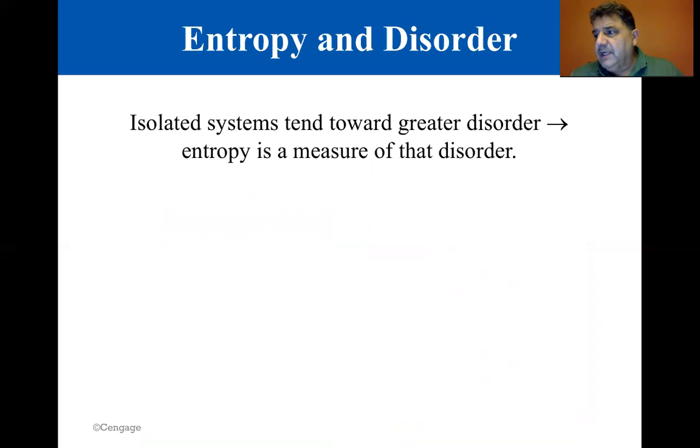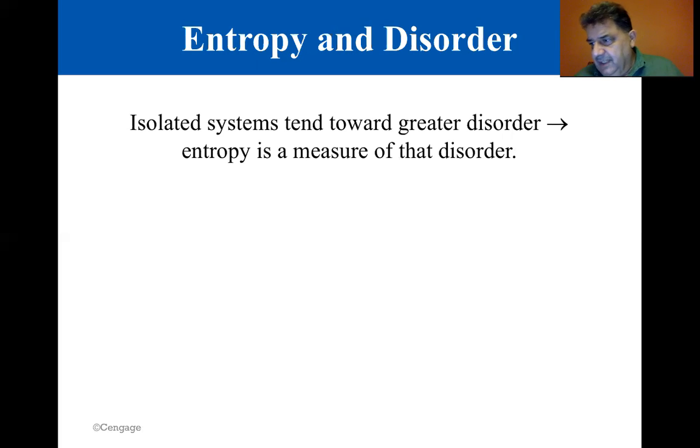Entropy is an important concept in thermodynamics, but it is also very important in the field of statistical mechanics. In statistical mechanics, the behavior of a substance is described by the statistical behavior of the atoms and molecules contained in it. One of the main conclusions of the statistical mechanical approach is that isolated systems tend toward greater disorder, and entropy is a measure of that disorder.